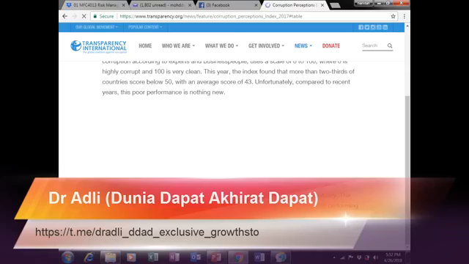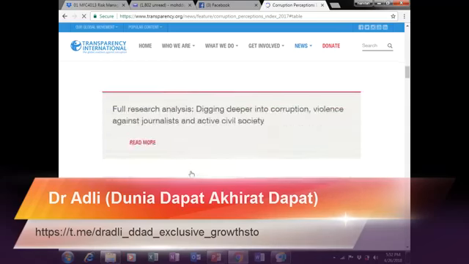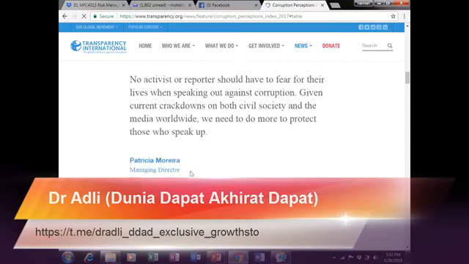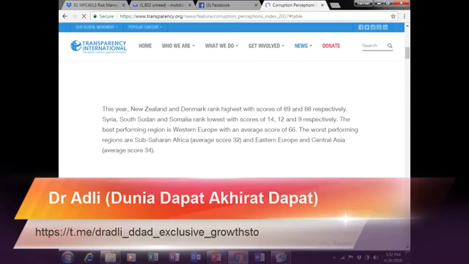Still, Somalia is the lowest, right? Somalia, Sudan, South Sudan, Syria.